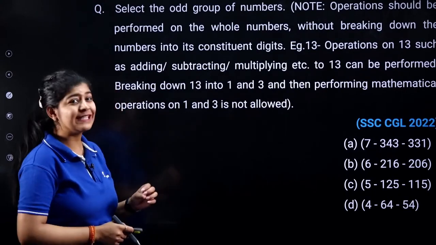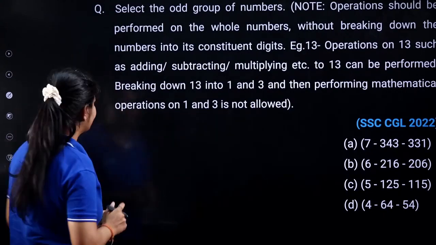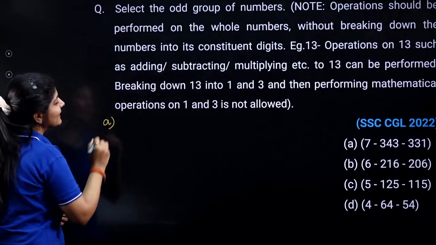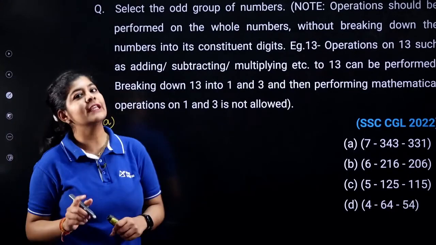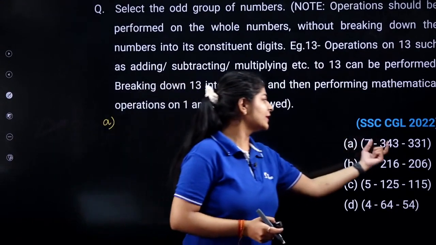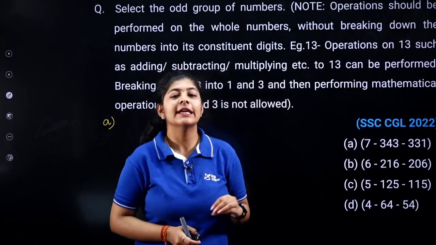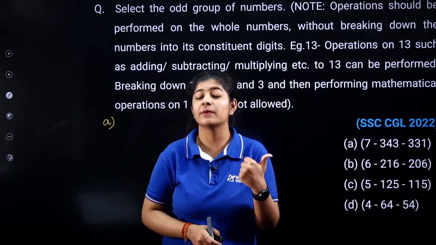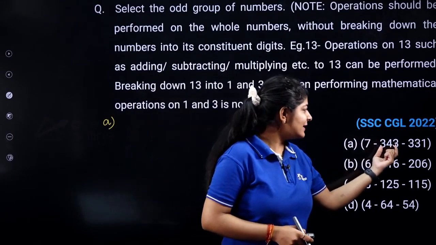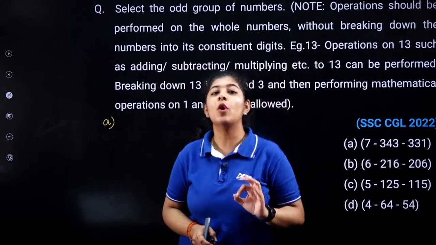Okay, let's start solving with option number A. Option A is saying 7, 343. As I come to this particular number 343, it reminds me that this number is nothing but the cube of 7.